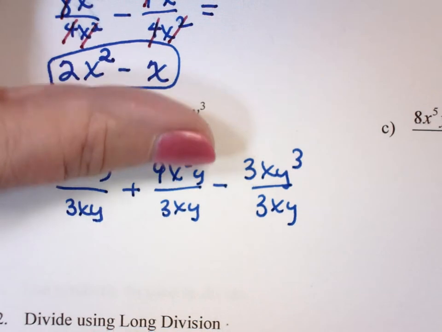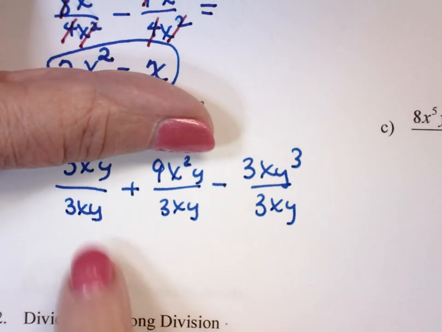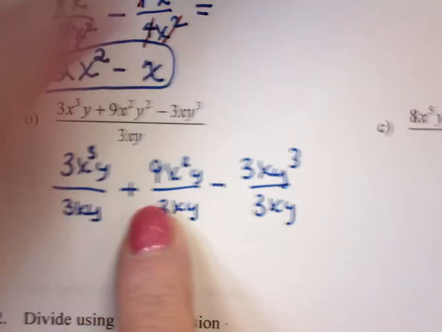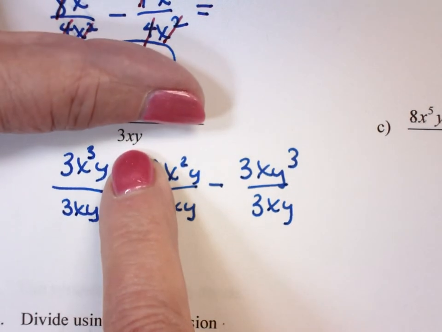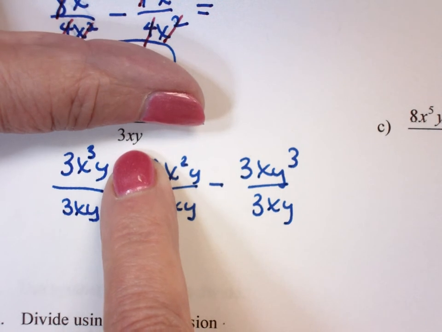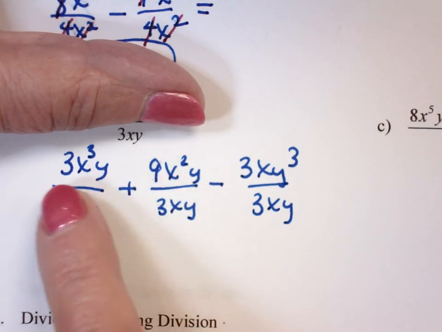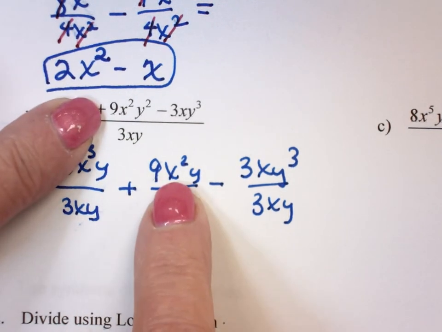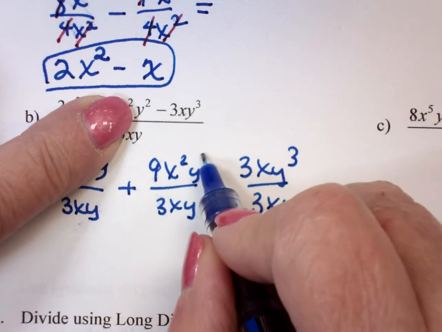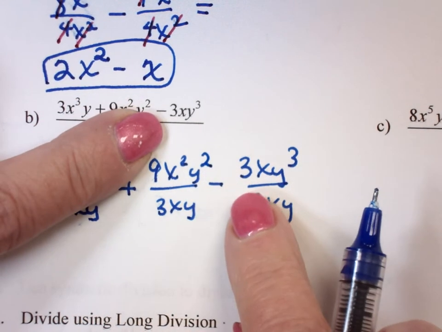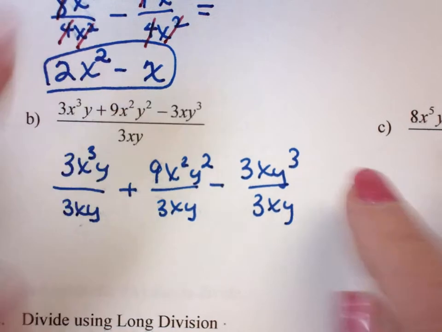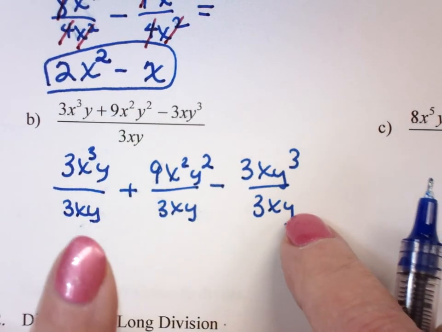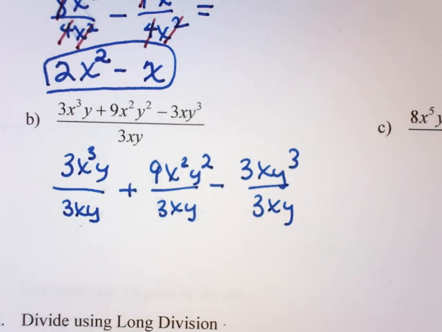Now again, like what we did last week, I have a common denominator of 3xy, and if I wanted to put it over a common denominator of 3xy to make it a single fraction from 3 separate fractions, I would take 3x cubed y added to 9x squared y squared subtract 3xy cubed, and I would have the original problem. So it's kind of like you're unadding and unsubtracting, taking it back to its roots.